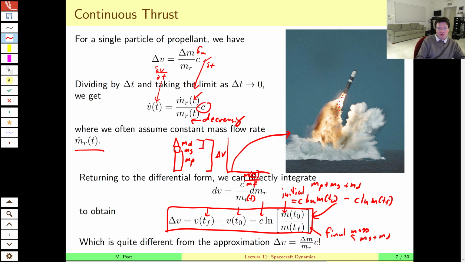So to achieve really large delta V's, you've got to have really small payload and structural weights. We'll talk about the limitations of that later. Now, of course, don't use the equation we talked about before for the infinitesimal delta V. That was just used to derive what is actually this, which is the rocket equation.